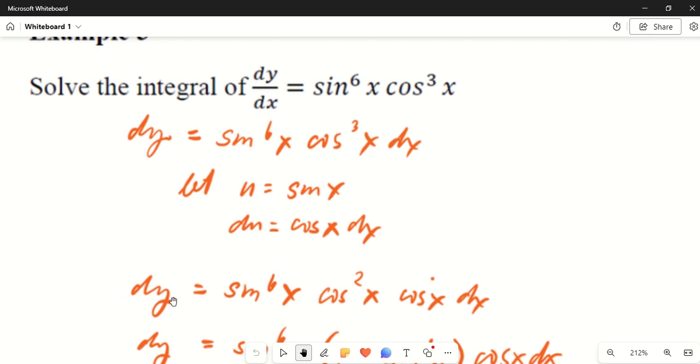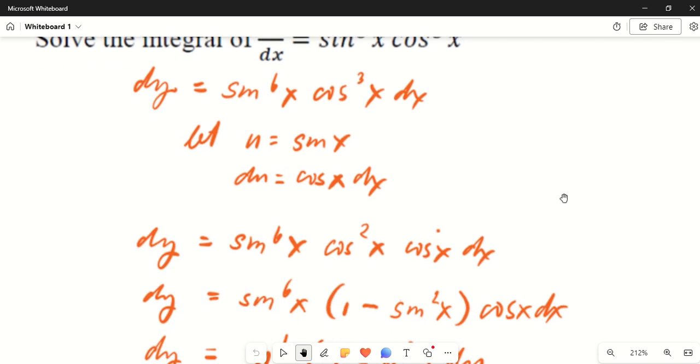So we will be having the equation dy is equal to sine x raised to the 6th power. This time, we need to factor out cosine x raised to the 2nd power. Then the remaining expression is cosine x dx. This is the same with cosine x raised to the 3rd power. Okay, so we did not change the equation.